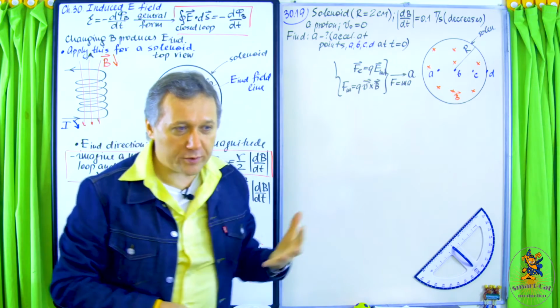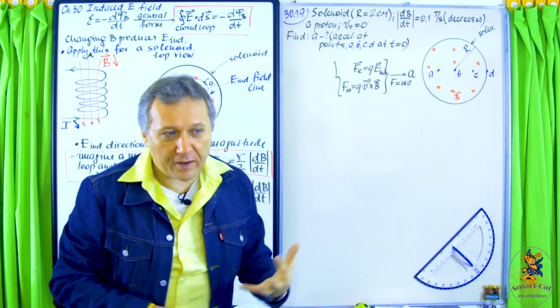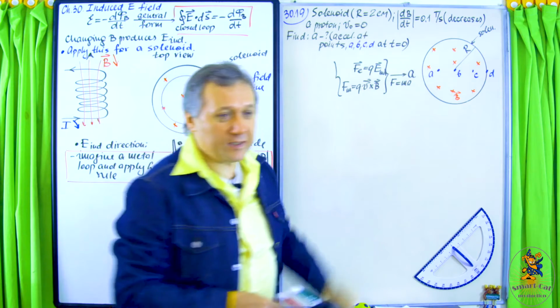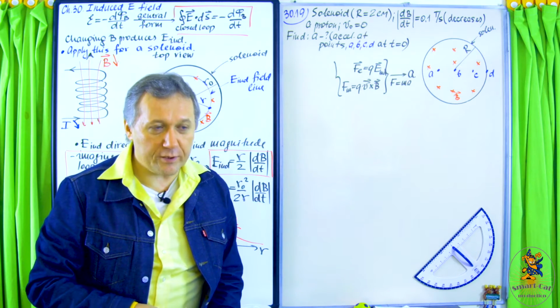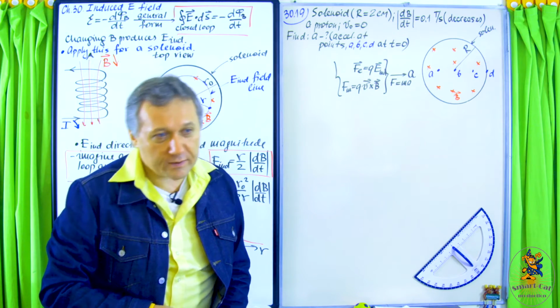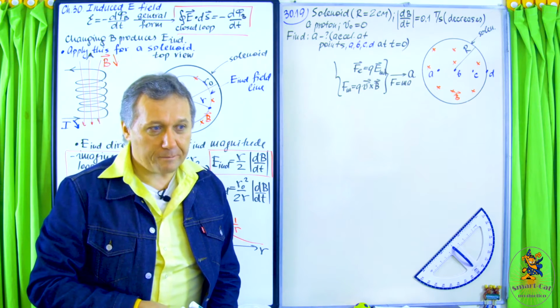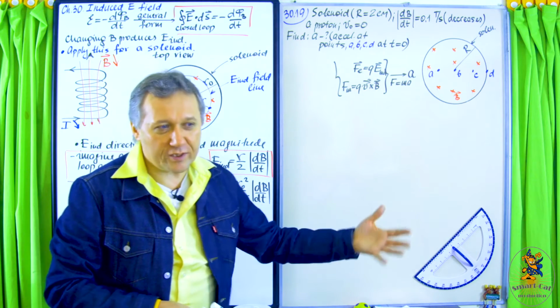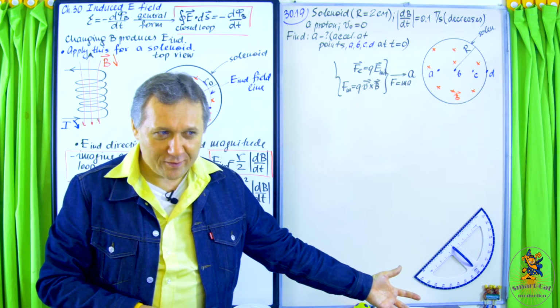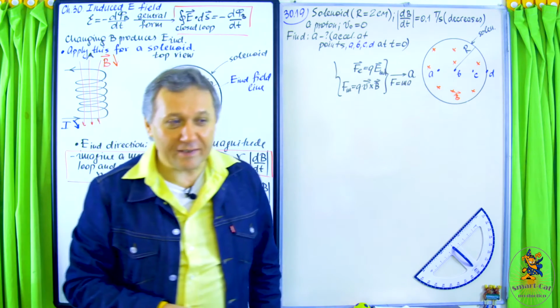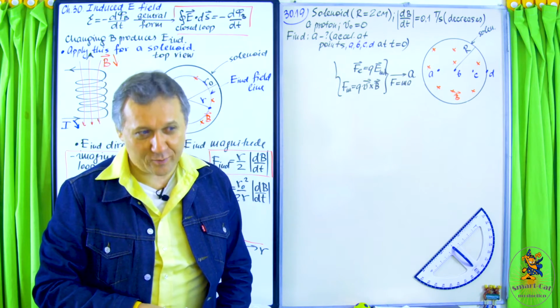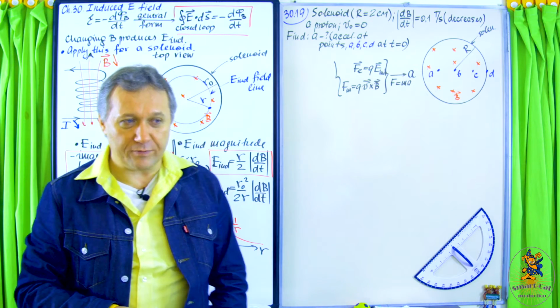So pretty much the author of this book simplifies our life by giving us this piece of information, V equals 0, so that we don't have to consider this magnetic force. Actually, we do consider it, but it's just 0. So as a result, there will be only electric force acting on the charge. The author simplified the problem.